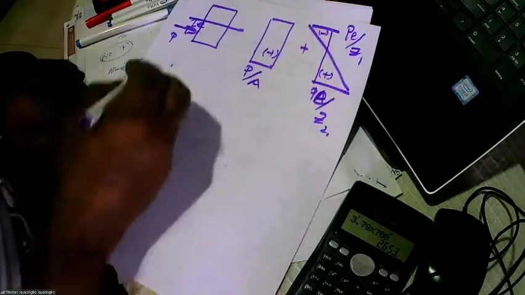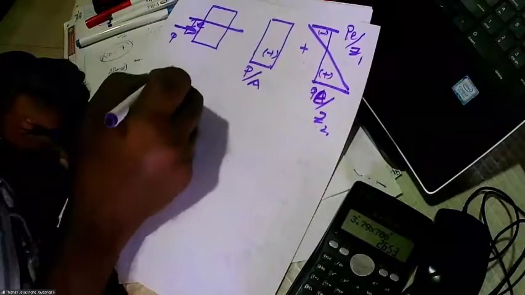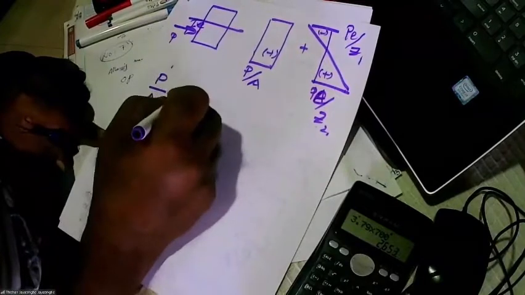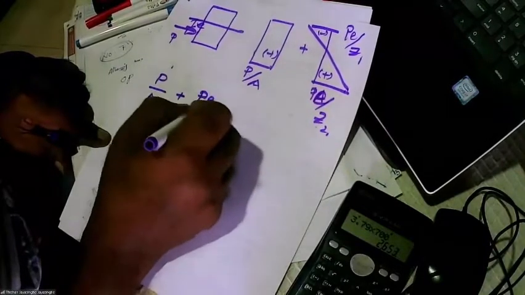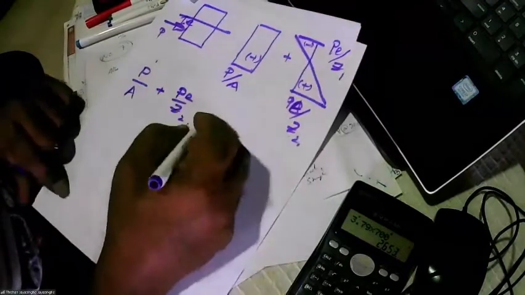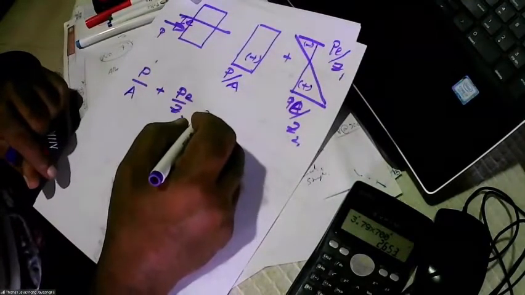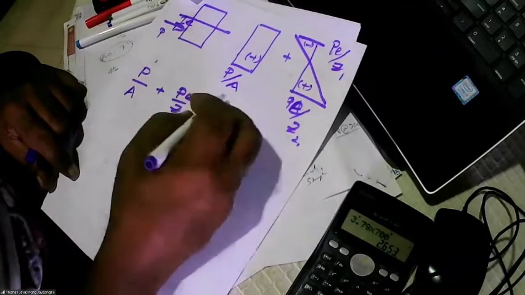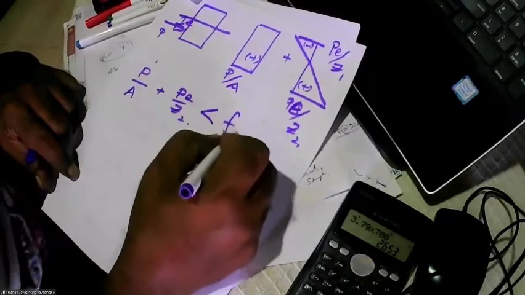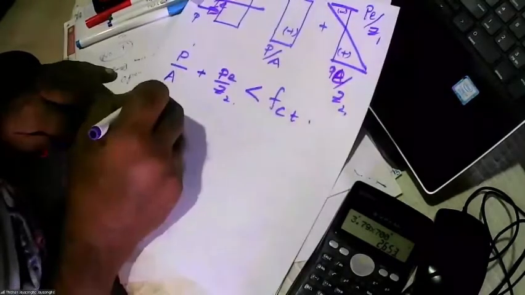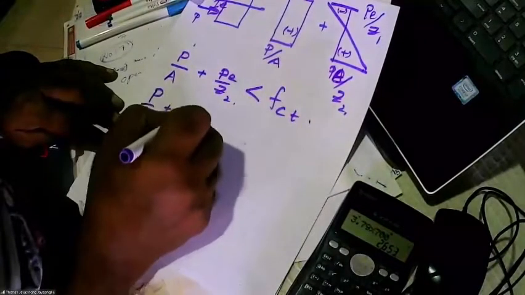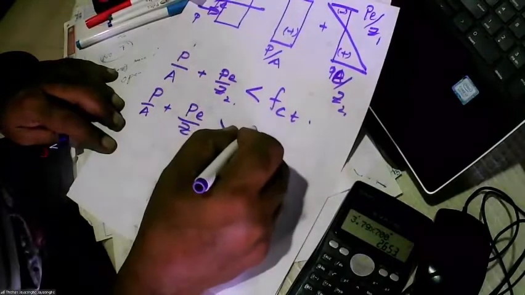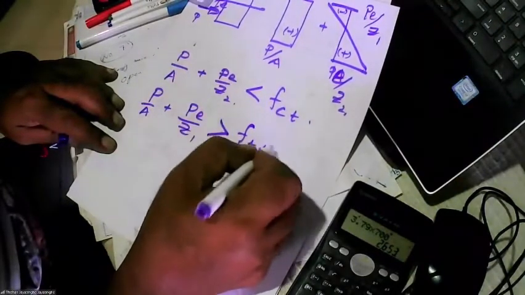Okay. Now we can write equations. P over A plus P e over Z2, if there is no dead load, should be less than f compression at transfer. We can say P over A plus P e over Z1 should be greater than tension at transfer.